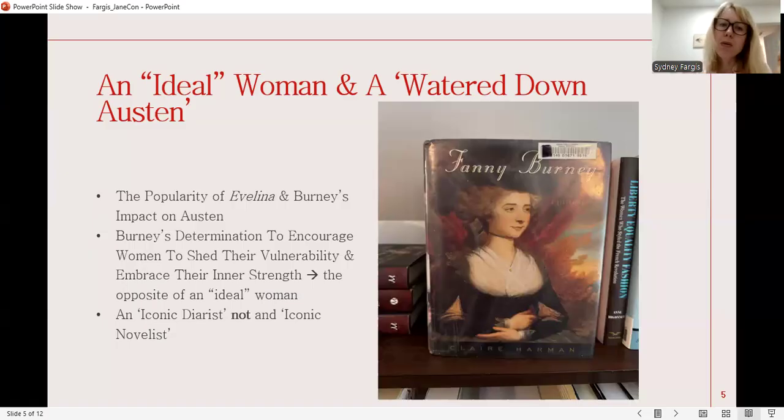So, recapping here, Burney, with Evelina, rose to tremendous popularity. And her novels, primarily Evelina, would go on to directly impact Austen.